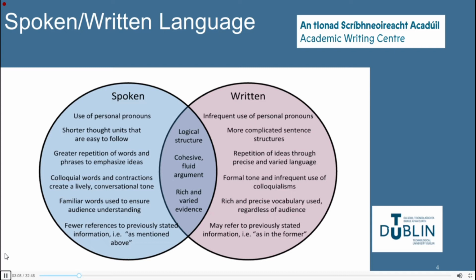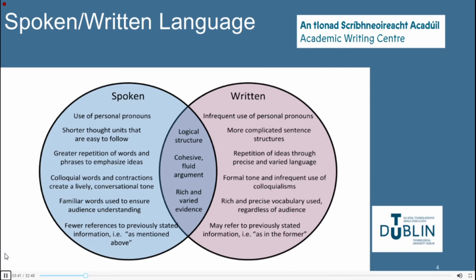As you can see in the center, there is an intersection between these two worlds, and those are the commonalities between these two forms of communication. You can see that they both have a logical structure. They present a cohesive and fluid argument, and they provide rich and varied evidence.